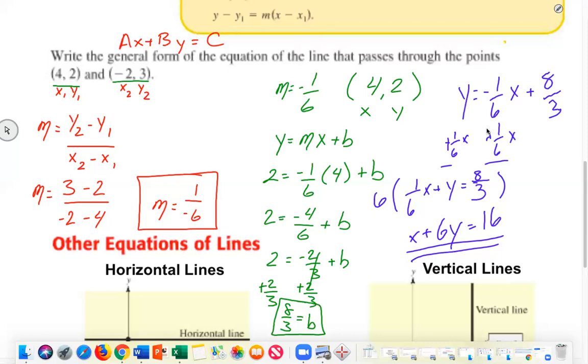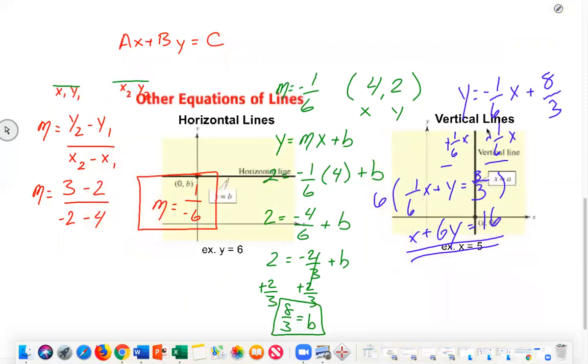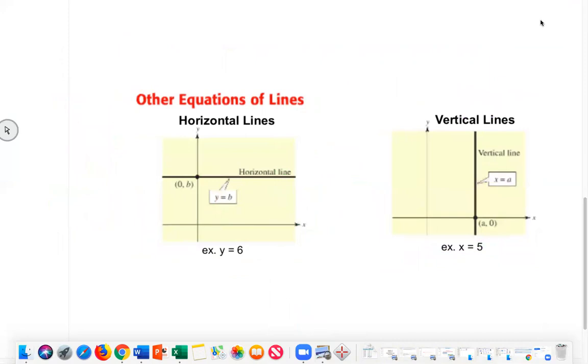Now for the easy stuff. Horizontal lines have no slope. Slope is 0. Okay? They're easy to identify because they're y equals a number. Y equals a number, no slope. 0.